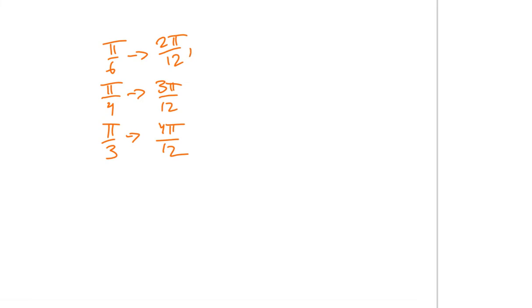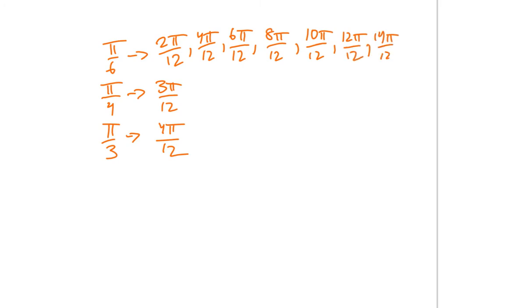So I've got 4 pi by 12, 6 pi by 12, if I'm just multiplying this out, 8 pi by 12, 10 pi by 12, 12 pi by 12, and so on, 14 pi by 12. I'm not going to write them all out because we could keep going forever.